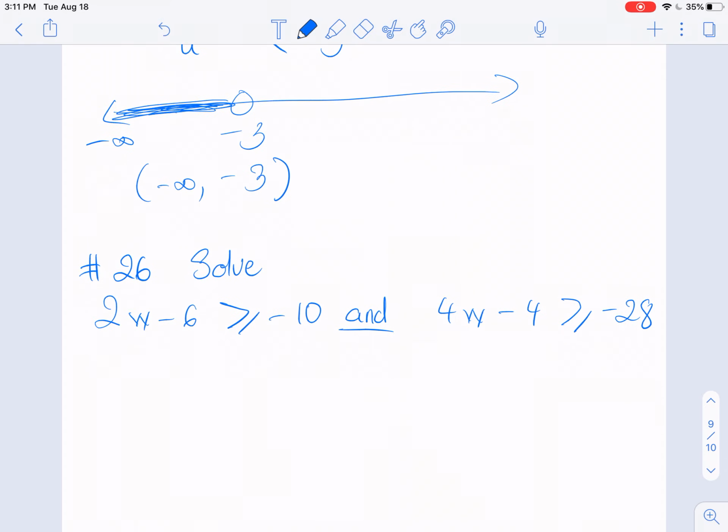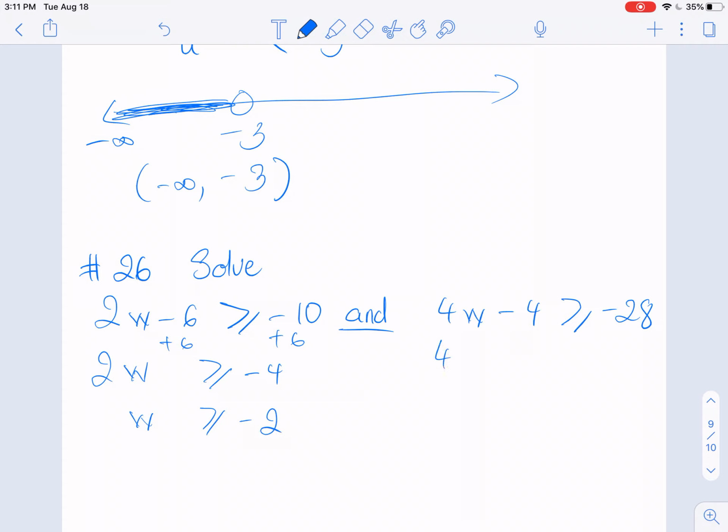All right, so we just solve it, right? 2w, and I'm going to add 6 here. I ended up with 4w, and then we divide by 2. I ended up with w greater than or equal to negative 2.